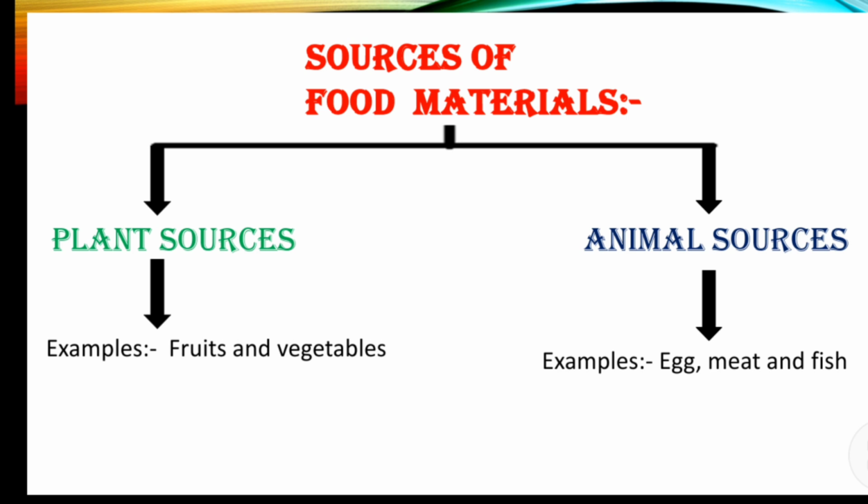For example, fruits and vegetables we are getting from plants. So these are plant sources of food. And egg, meat, fish, these are animal sources of food. So in this way, there are two main categories of food items, plant category and animal category.